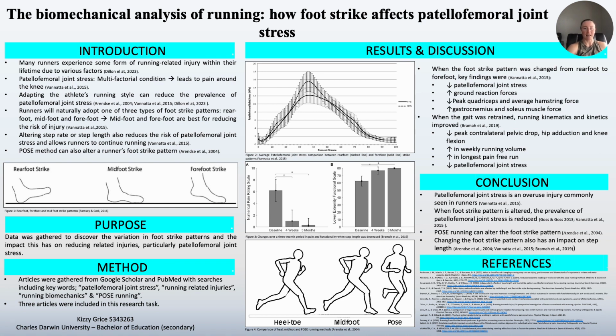Likewise, Arison et al. 2004 investigated if the pose running method reduced eccentric load of the knee and therefore reduced patellofemoral joint stress. So we can see the pose running method down here in figure 4. We got the heel, the midfoot, and then the pose running method. The pose running method is similar to the forefoot and rear foot strike patterns as we observed over here.